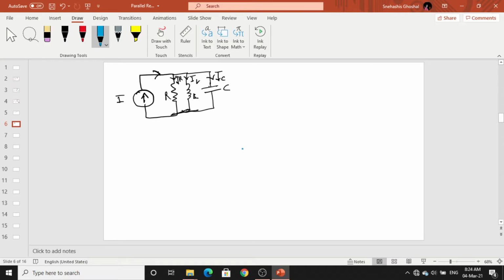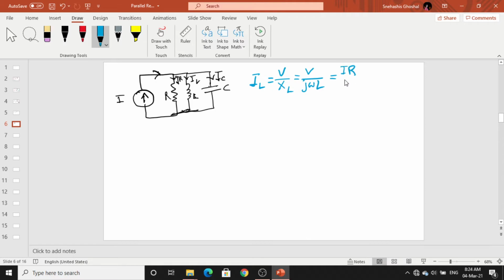Now if I want to measure IL, the current through the inductor, that is V by XL, which is V by j omega L. V is what?